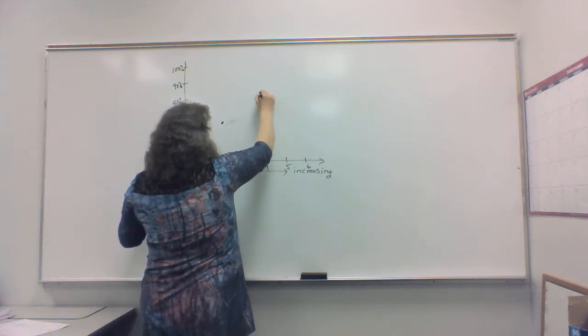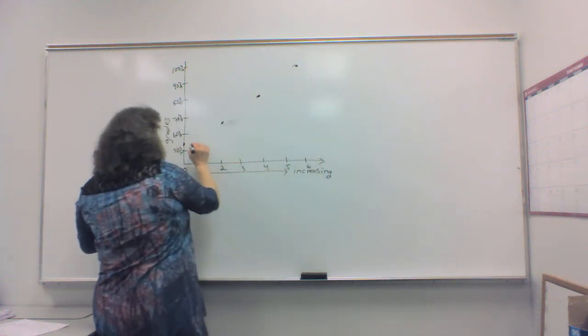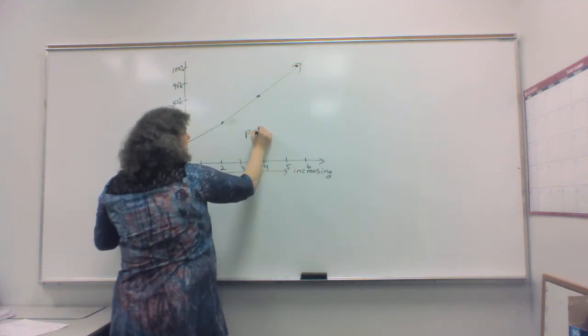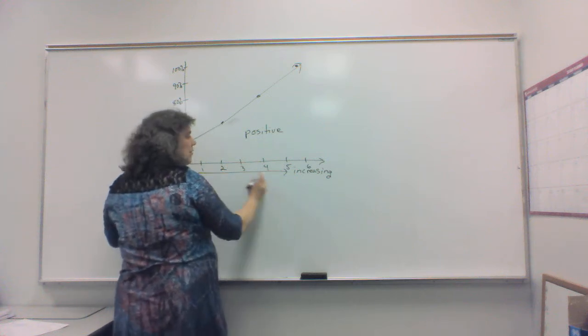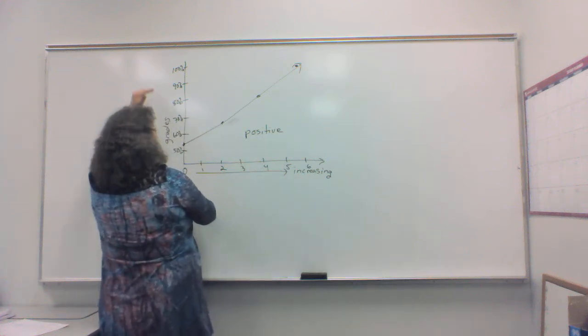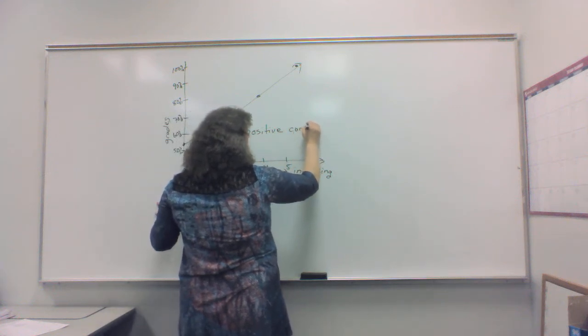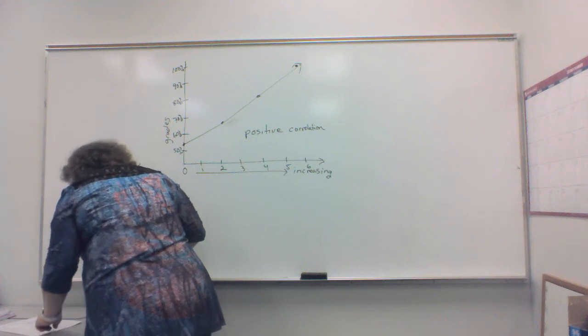Well, again, that's going to make my grade even better and even better. So this idea is a positive correlation, because as the number of hours increase, the grades also increase, and that gives a positive correlation. Now let's look at another correlation.